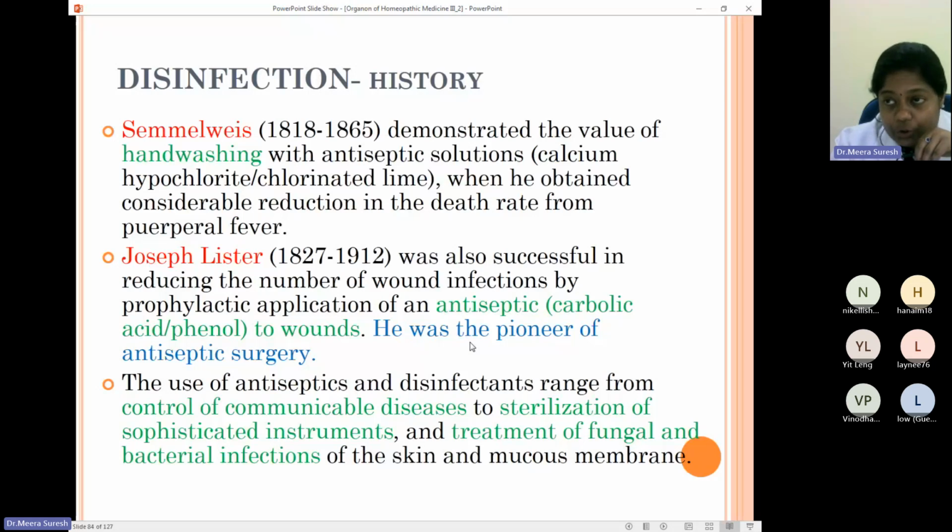They never used to do it until Semmelweis asked them to. So because they were doing postmortems and then coming to the clinic with those infected hands, they were actually transmitting the organisms, which resulted in the high puerperal fever.